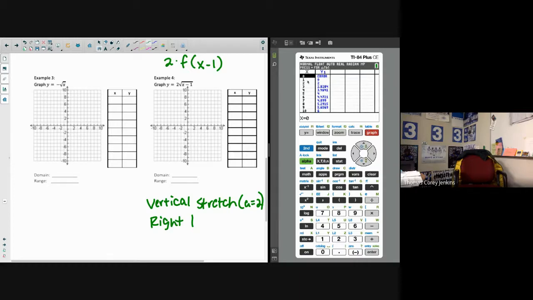So I want to do 1 goes to 0. 2 goes to 2. 5 goes to 4, and 10 goes to 6. So (1, 0), (2, 2), (5, 4), and (10, 6).